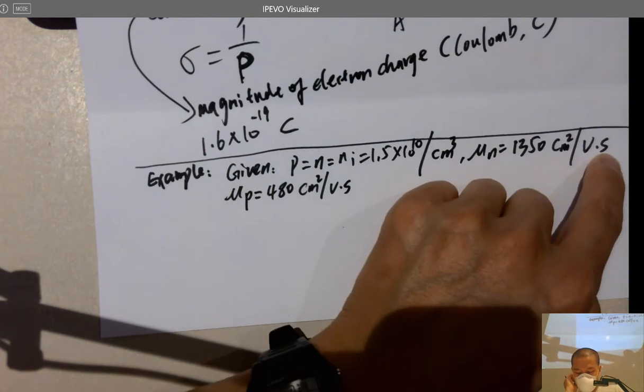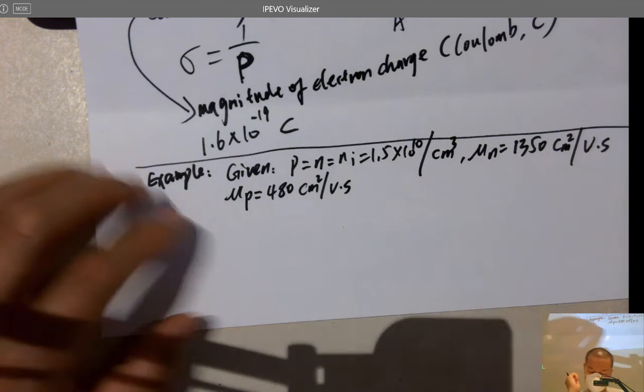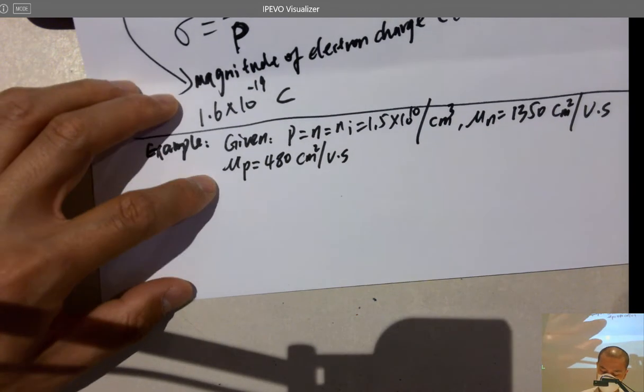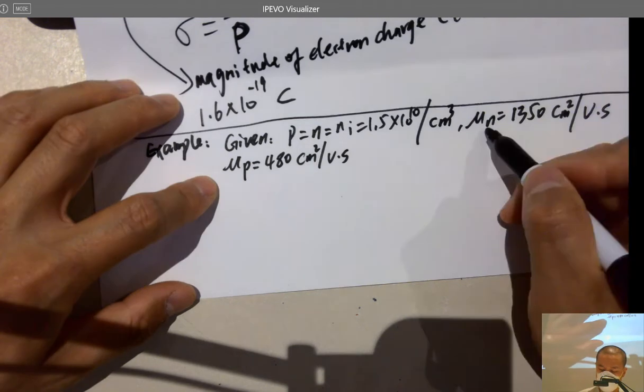Voltage times time, right? You can tell n is larger than p.